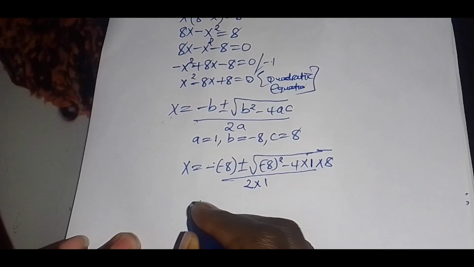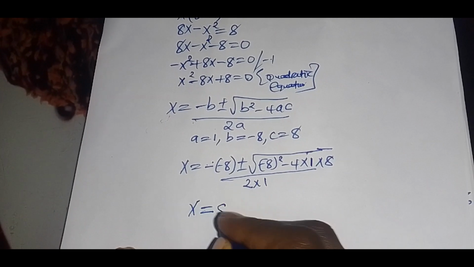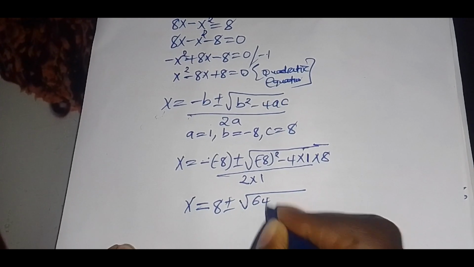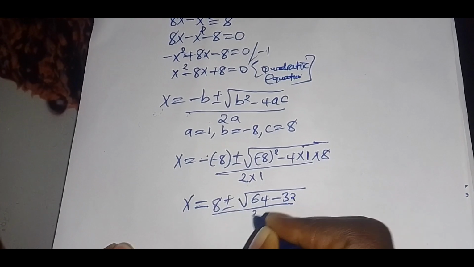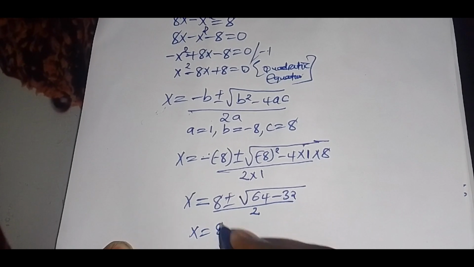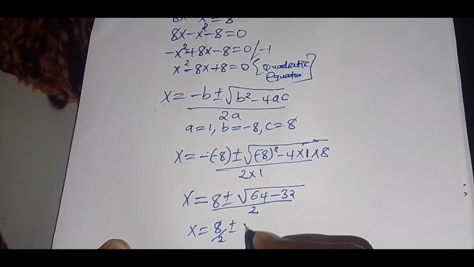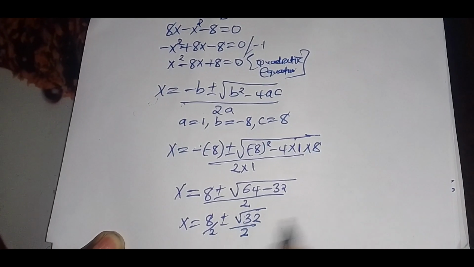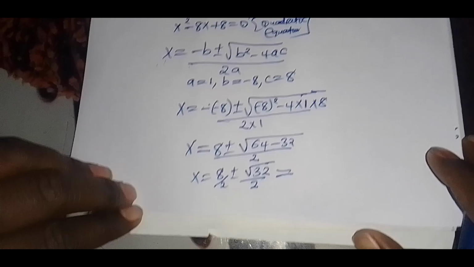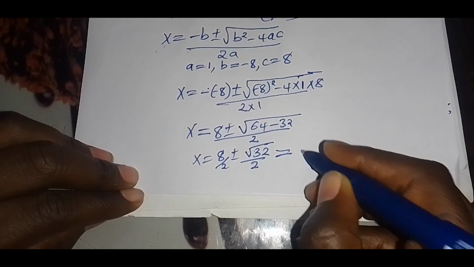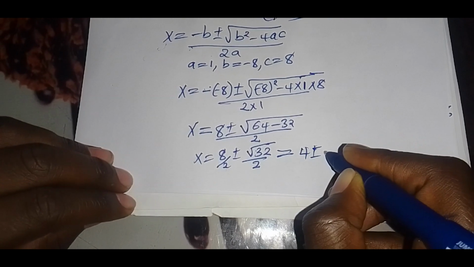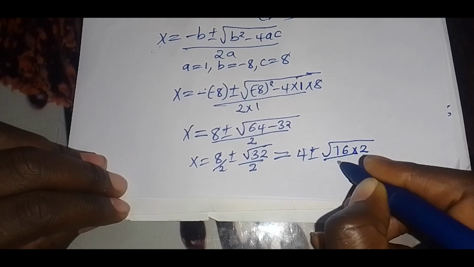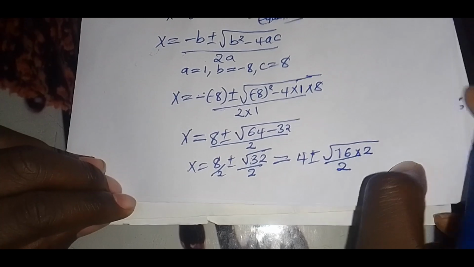So x is equal to 8 plus or minus the square root of 64 minus 32, divided by 2. 8 divided by 2 is 4, and this 32 can be expressed as 16 times 2.